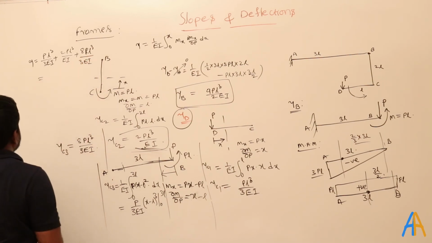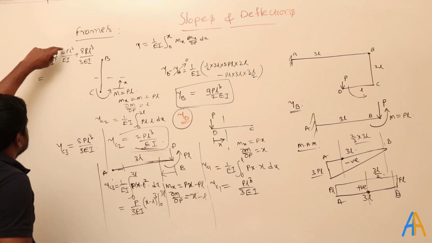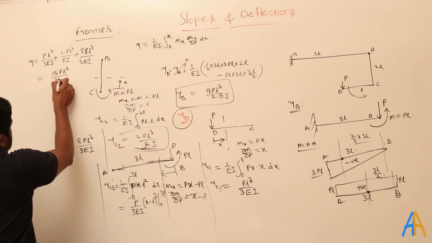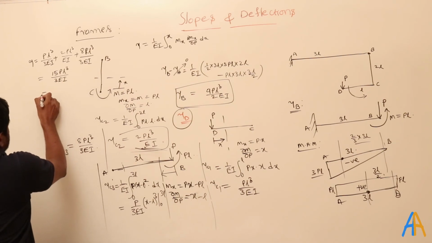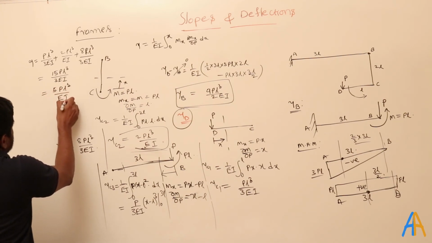If 3 is the LCM, then 8 plus 1 is 9, plus 6 is 15. So 15PL cube divided by 3EI. That means it will become 5PL cube divided by EI.